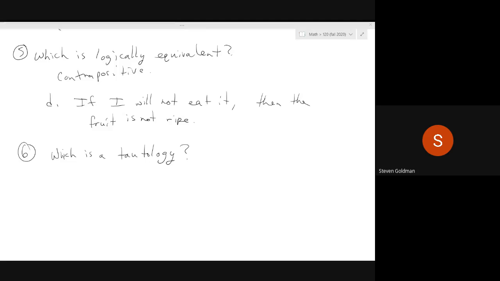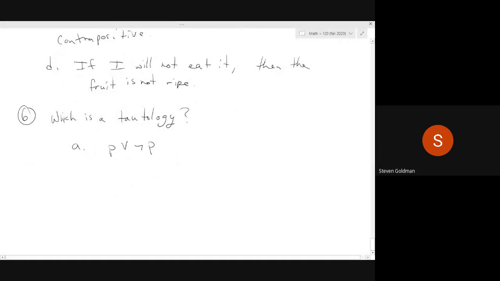A was P or not P. B was P and not P. C was it is not the case that if P then Q. D was P and not Q. So of these 4, A is the one that's a tautology, P or not P.